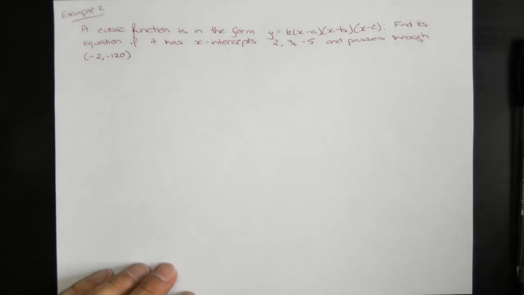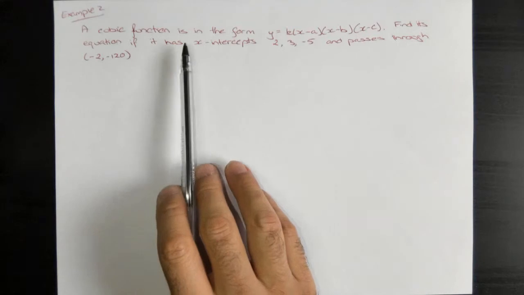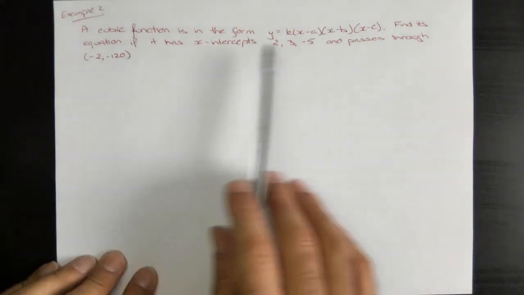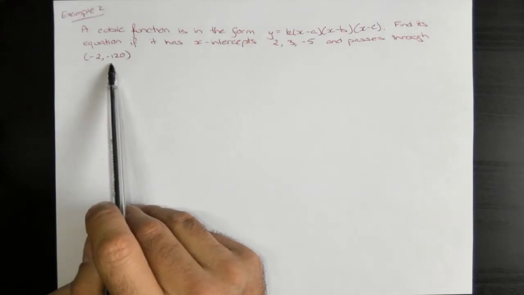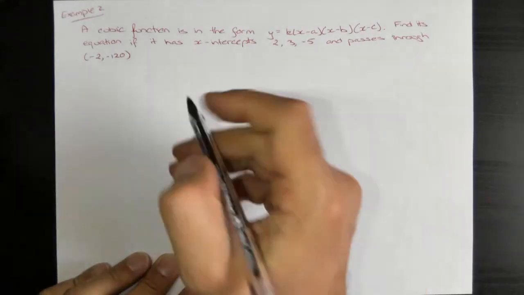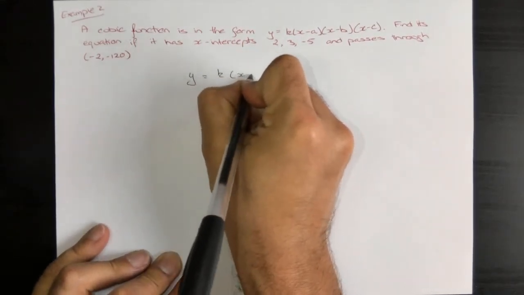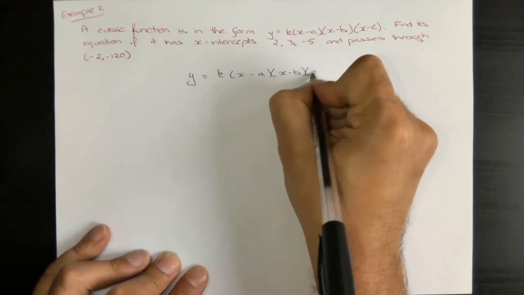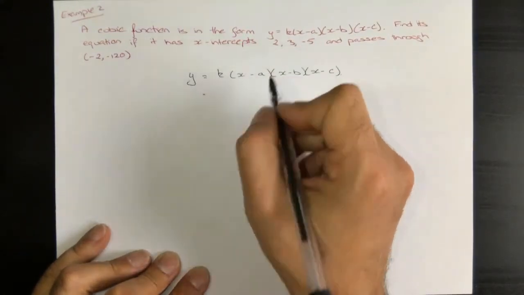Example 2, we want to figure out the equation of a cubic. A cubic function is in the form of y equals k(x minus a)(x minus b)(x minus c). Find its equation if it has x-intercepts of 2, 3, and negative 5, and passes through (negative 2, negative 120). So the first thing to do is obviously write the general form. Then the next thing to do is plug in our x-intercepts.